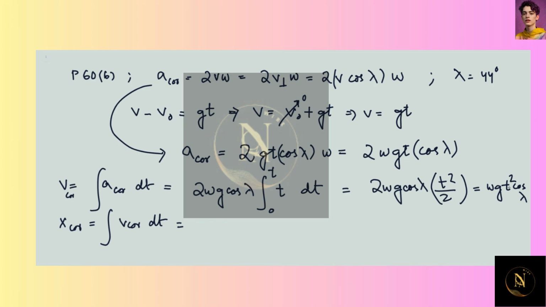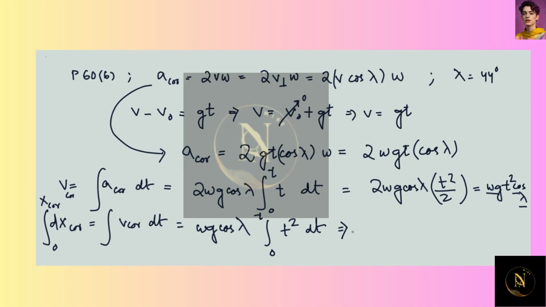Now we use this expression to integrate again to find x Coriolis, or the Coriolis deflection. Again, this part is a constant, so we can take this out of the integral expression and we integrate from 0 to t, and we assume that the initial deflection is 0. So we are integrating from 0 to the final Coriolis deflection.